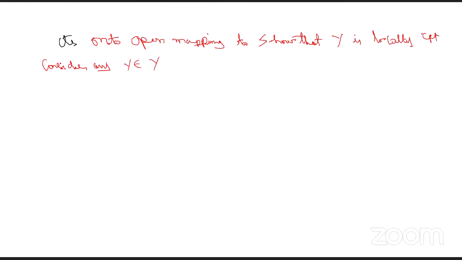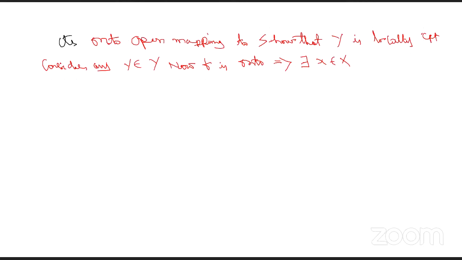Now, f is onto. That implies there exists small x belonging to capital X such that f of x equals y.